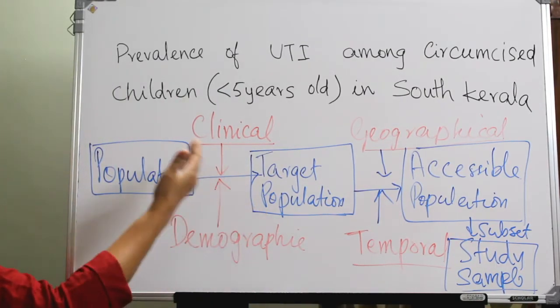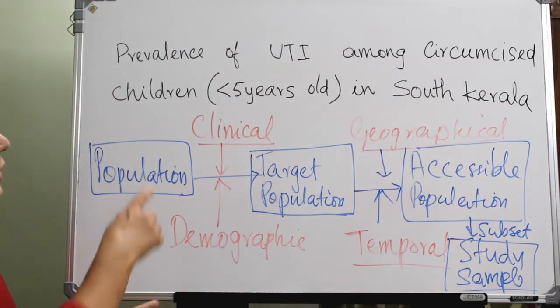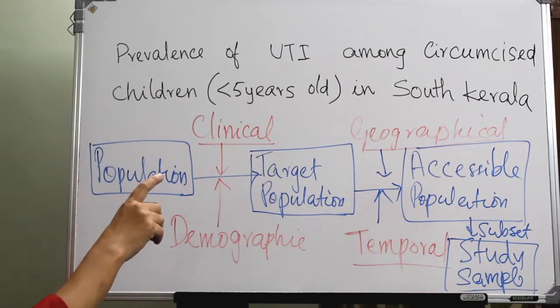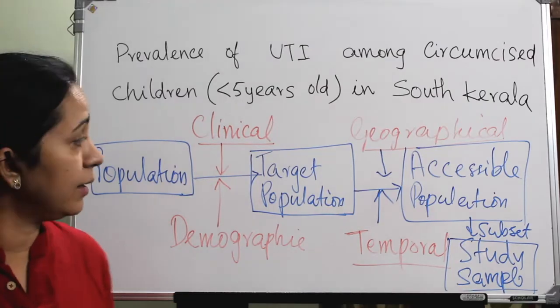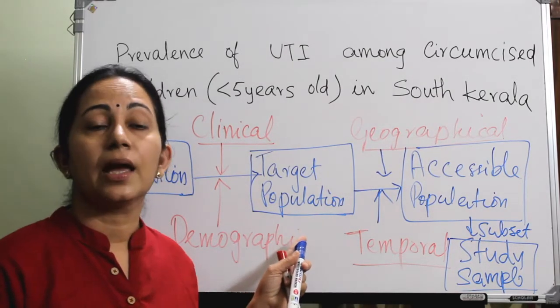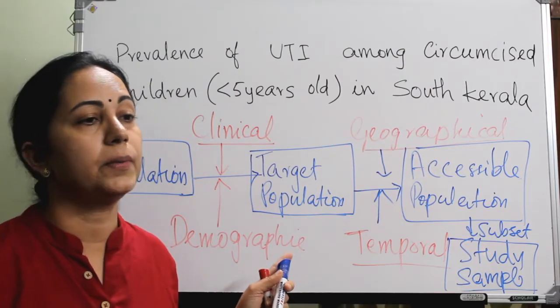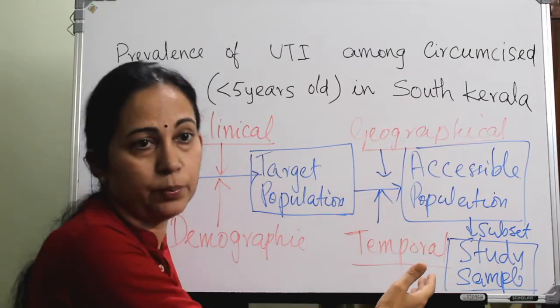So target population, depending upon the clinical and demographic characters, that is the children having urinary tract infection and circumcised less than 5 years old in South Kerala, is the target population, and these children attending the pediatric OPD of Government Medical College Trivandrum during the 1 year period becomes the accessible population.